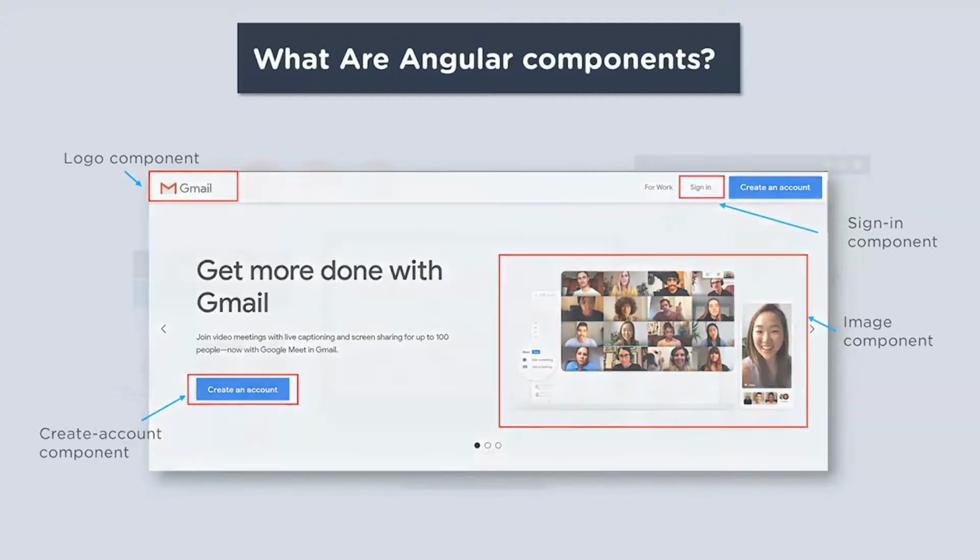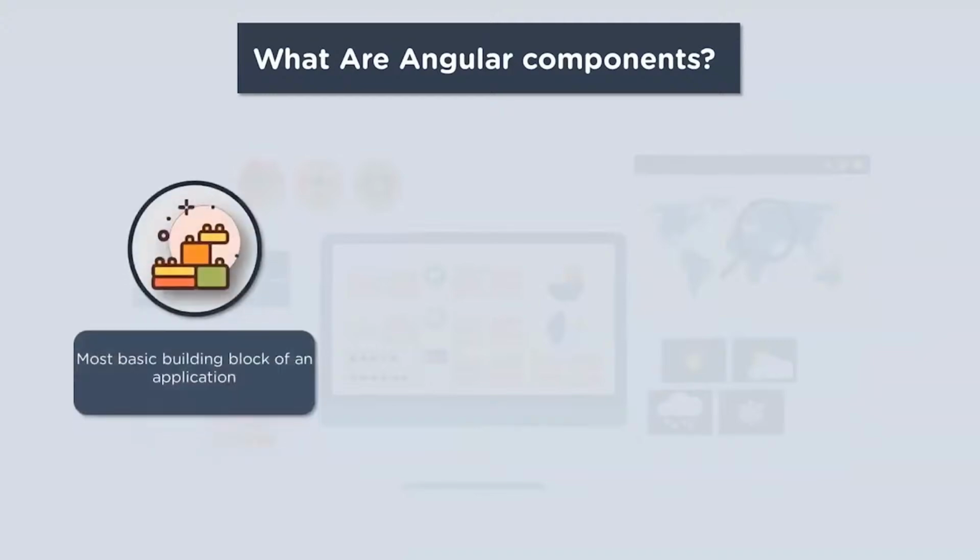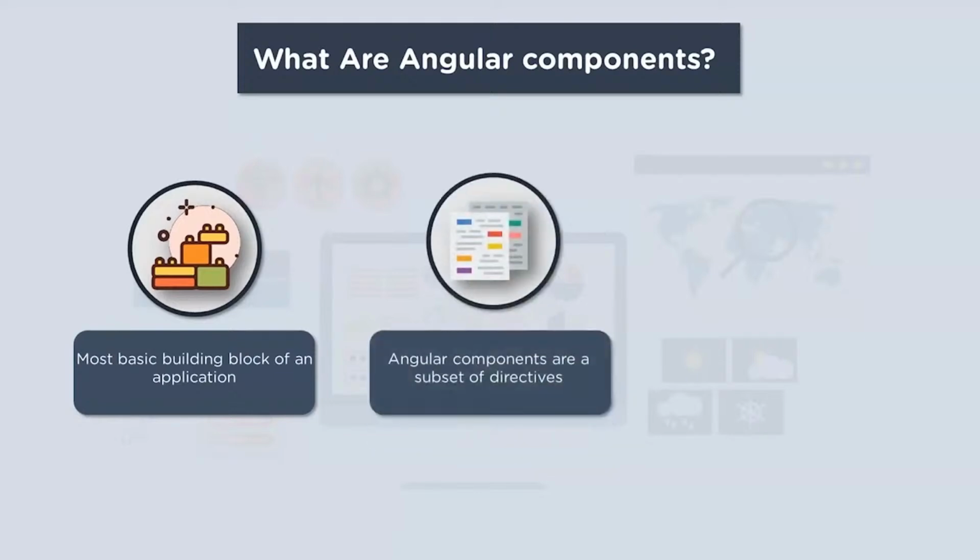So to go ahead, let's discuss some of its common features. Now, firstly, they are the building blocks of an application. Generally, you have a root component, which is basically the app component, and then it branches out into other components, creating a hierarchy. And these components are a subset of directives. Now, don't worry about what directives are because we'll cover them later on in the series.